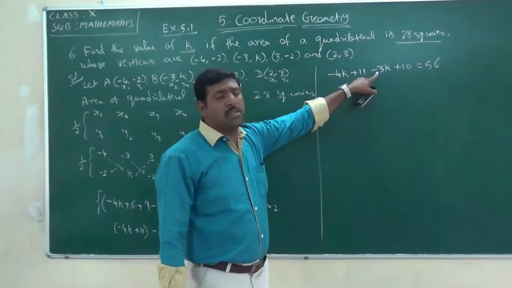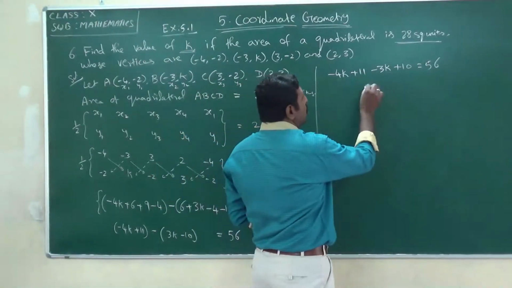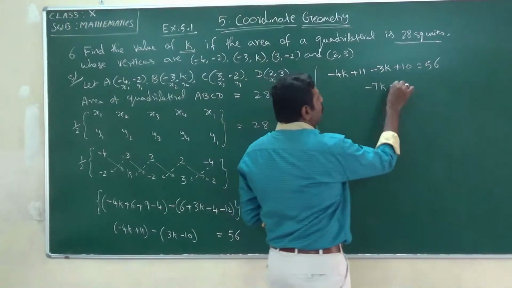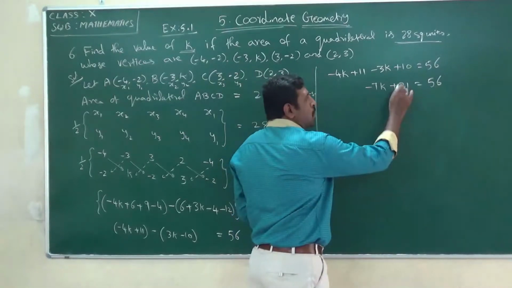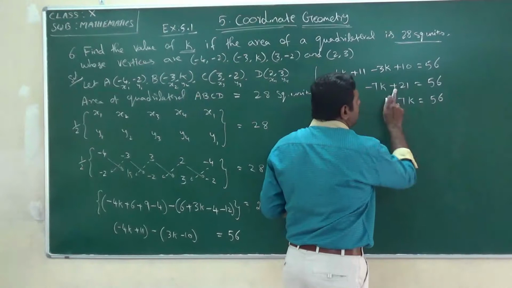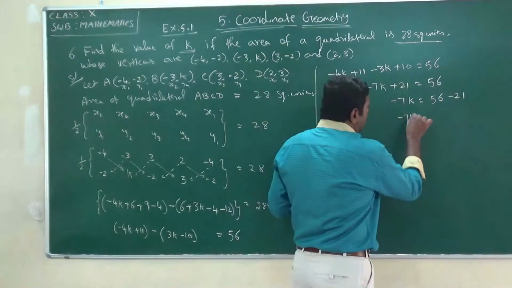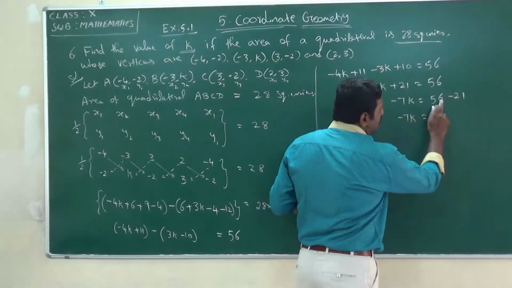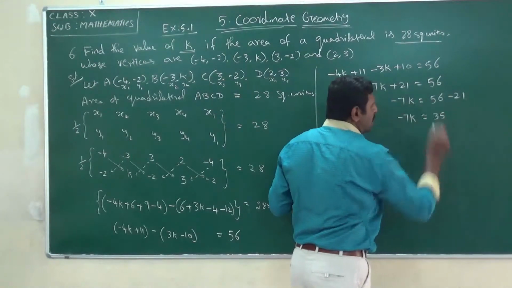Now both having the negative symbol, so minus 3k minus 4k, we get minus 7k. Sum of these two values is equal to plus 21 is equal to 56. Now I take this 21 to the other side: minus 7k is equal to 56 minus 21. 6 minus 1 is 5, 5 minus 2 is 3, 35.